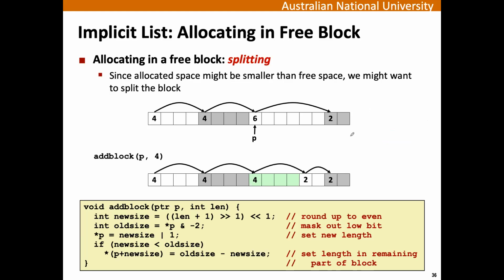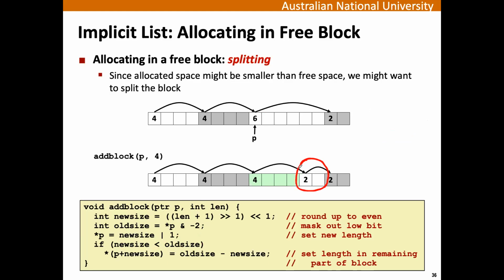You will have to do these clever tricks; this optimization is part of your assignment. So what you're doing here is, if the new size is less than the old size, it means that what you have allocated for the user is less than the total size of the block before the request. In that case, you are creating a new block.